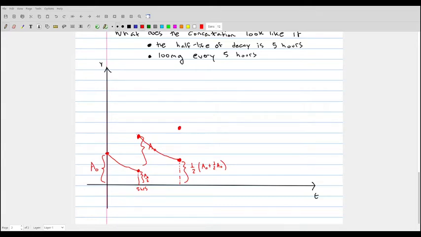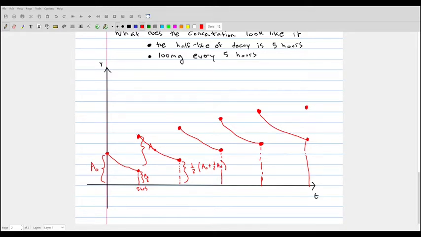And this process just continues to repeat itself every 5 hours. This gradual sort of halving, and then redosing every 5 hours.